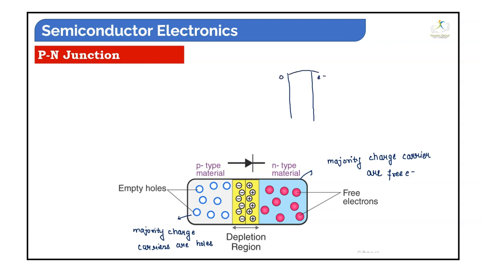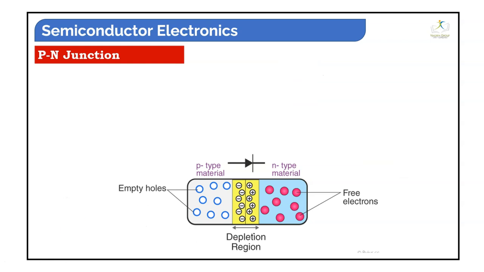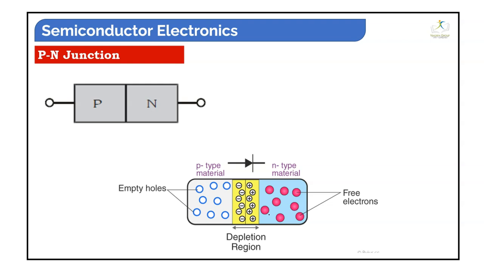So the electron wants to jump here, as you can see in a railway station. When the barrier is crossed, somebody will be here, somebody will be there. And when the signal is off, the person wants to interact with this. So some kind of time lag occurs in between. That time lag creates a depletion region and makes the PN junction.